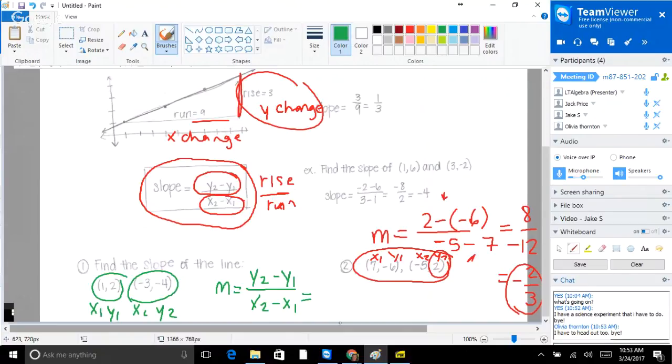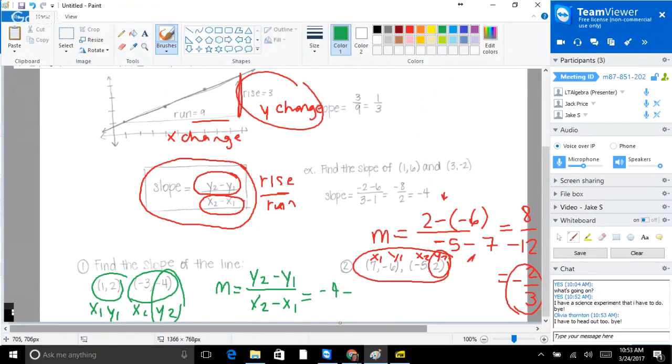So for this particular one, my y2 is negative 4 minus y1, which is 2, over x2, which is negative 3, minus x1, which is 1. So negative 4 minus 2 is negative 6, and negative 3 minus 1 is negative 4.